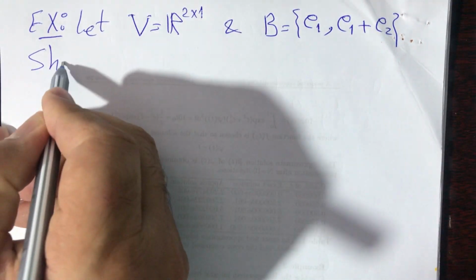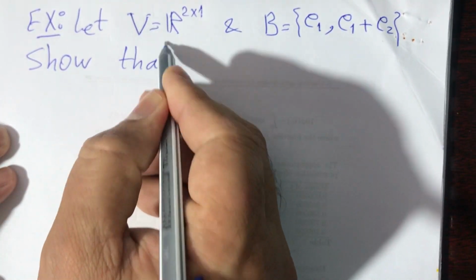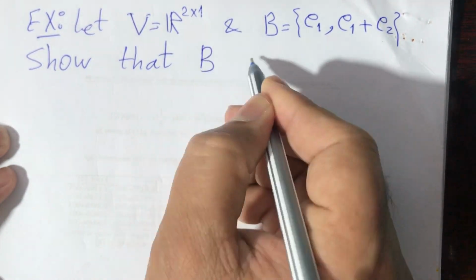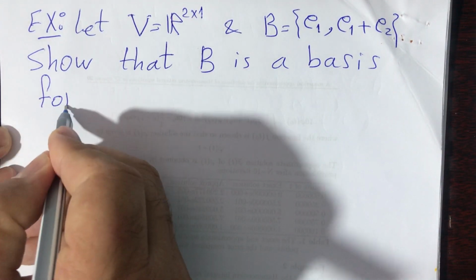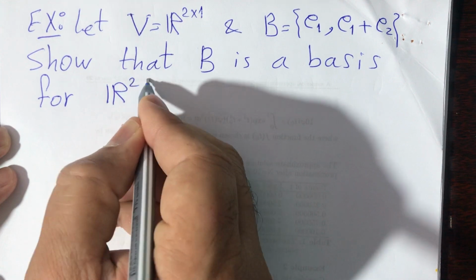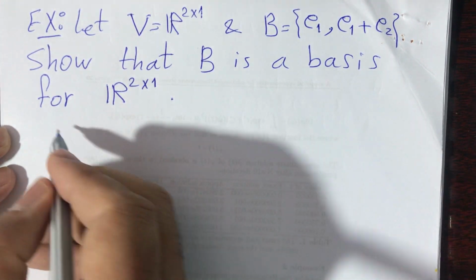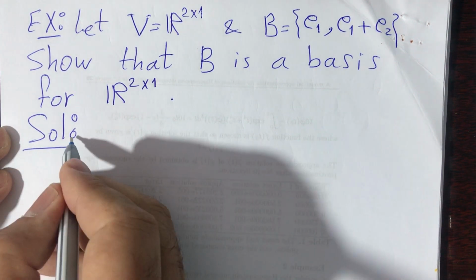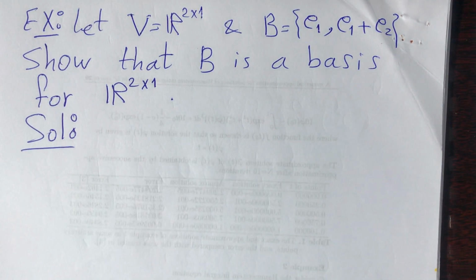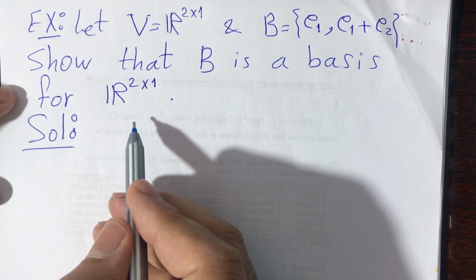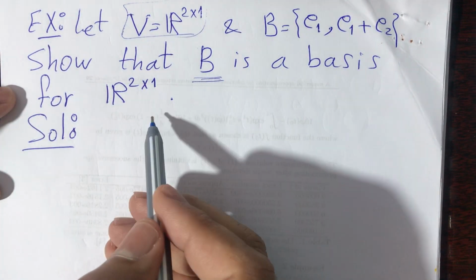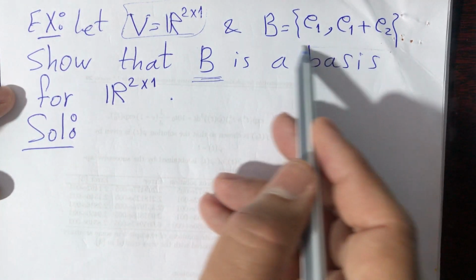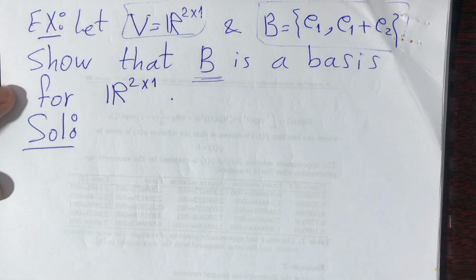Show that B is a basis for R2 times 1. Solution. The same way, we have to show that span B equals R2 times 1, and we also have to show that these vectors are linearly independent.